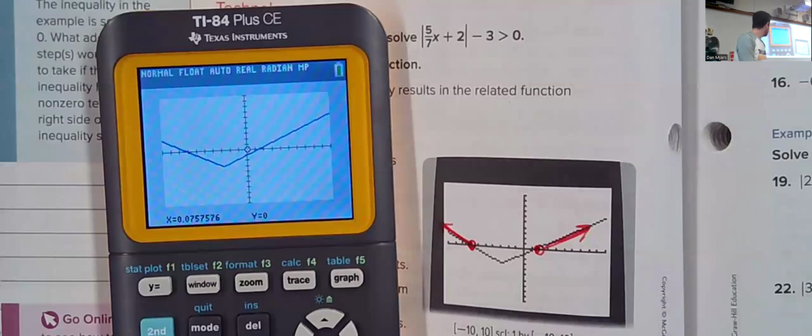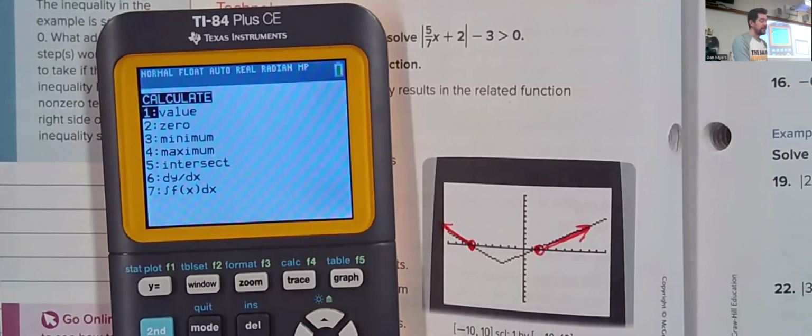Does anybody remember how to find an x-intercept? I'll give you a hint. It's on the calculation menu. So let's go to the calculation menu. Which one of those is the x-intercept? Second and trace, same thing we did earlier to figure out the intersections. How do you find an x-intercept? We're not finding the intersection of two lines here because there's only one function on the graph.